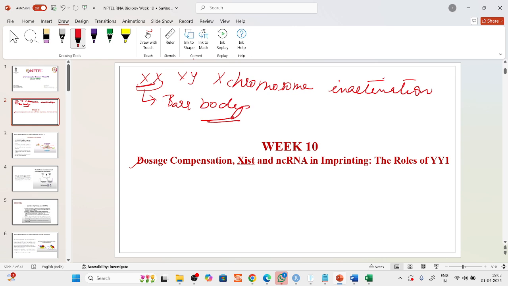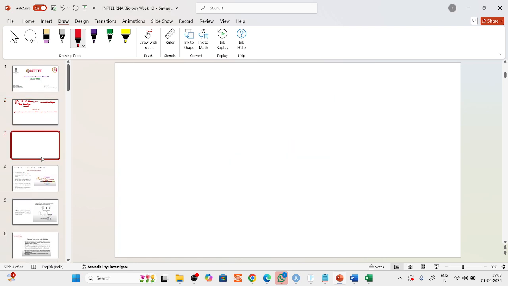So now the expression of X from male and female becomes equal because the expression is coming only from one of the X chromosomes. And if we talk about spatially where this inactive X chromosome would be present, it would be in the heterochromatin region.